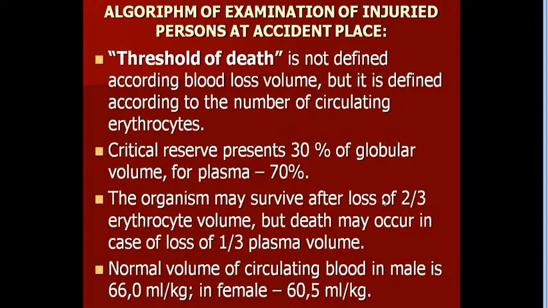Normal volume of circulating blood in males is 66 ml per kilogram, in females 60.5 ml per kilogram. But it's a theoretical method. Why? You don't know the patient's weight before trauma. It's maybe only theoretical questions.